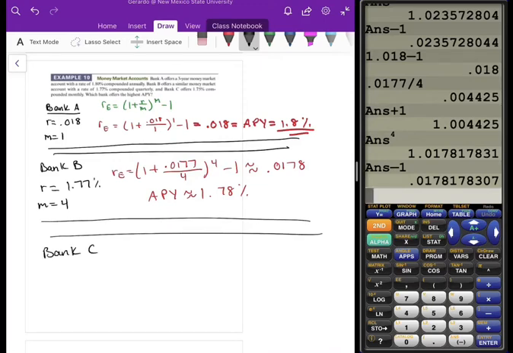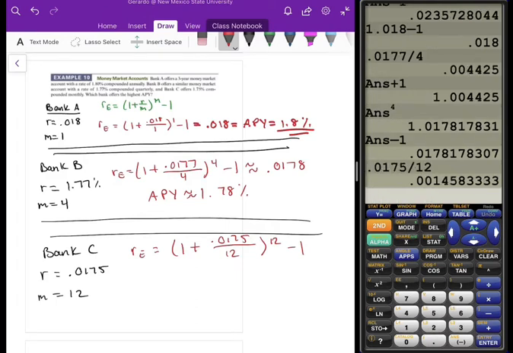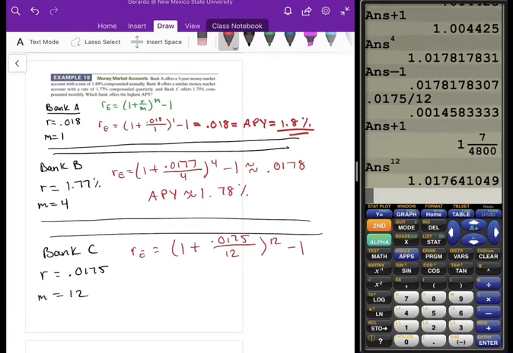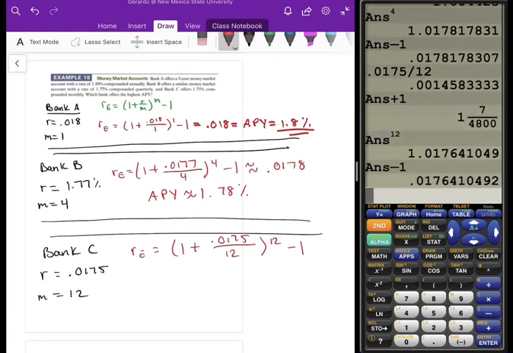Now let's see what Bank C has to offer. They have a rate of 1.0175. This is M equals 12. So I have RE is equal to 1 plus 0.0175 over 12, to the power of 12, minus 1. So 0.0175 divided by 12 plus 1 to the power of 12 minus 1.